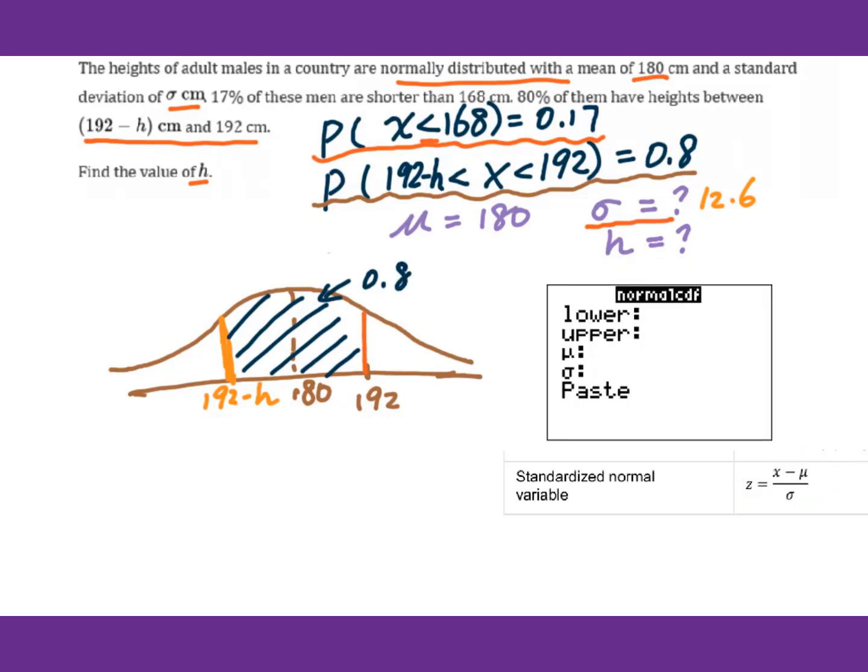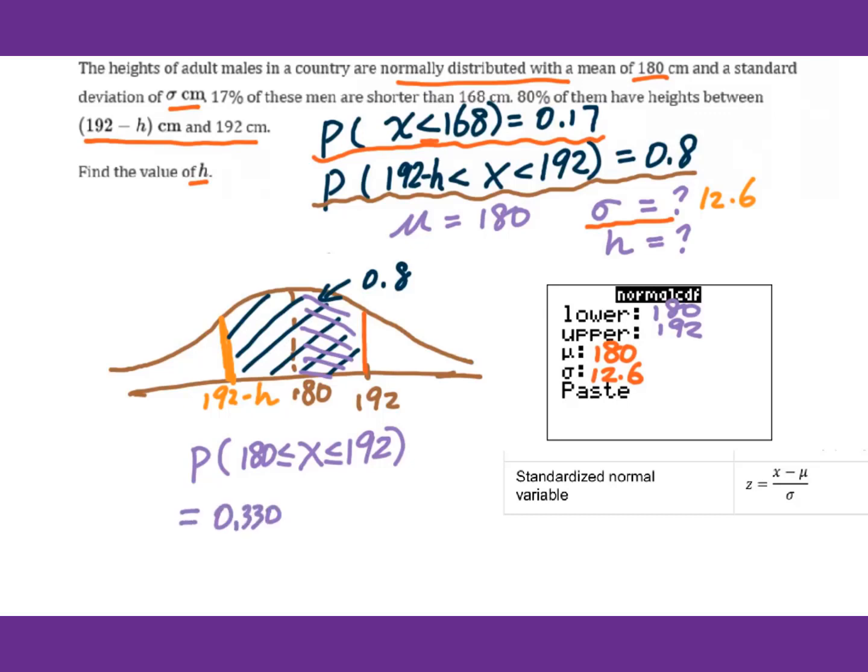We already know the mean is 180 and standard deviation is 12.6. We can figure out this area between 180 and 192. So probability x between 180 and 192, I will put 180, 192. You will get from the graphing calculator 0.330.